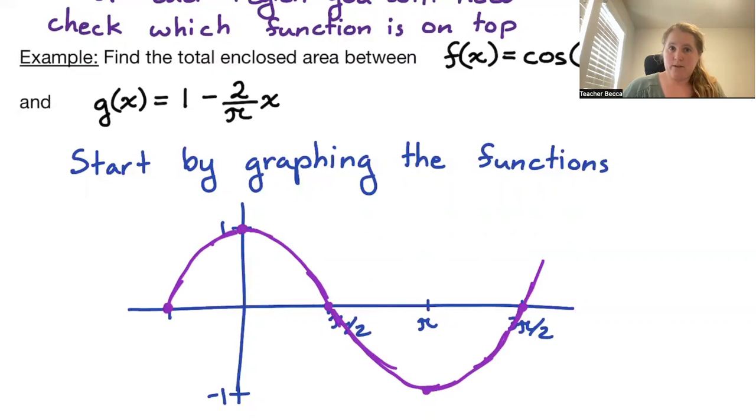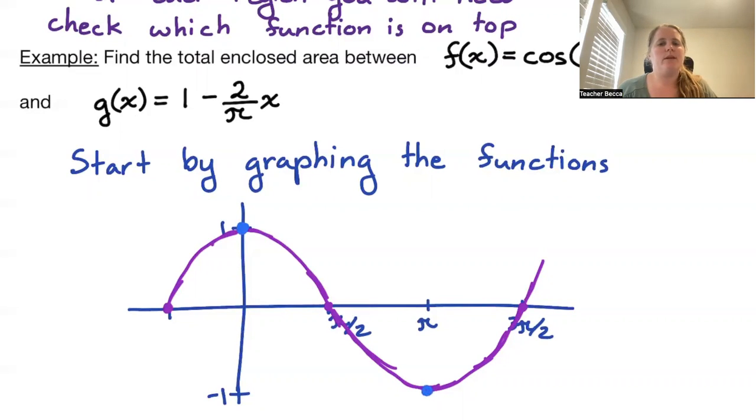For 1 minus 2 over pi x, we would have a y-intercept of 1. Then we will go down 2 if we go over by pi.